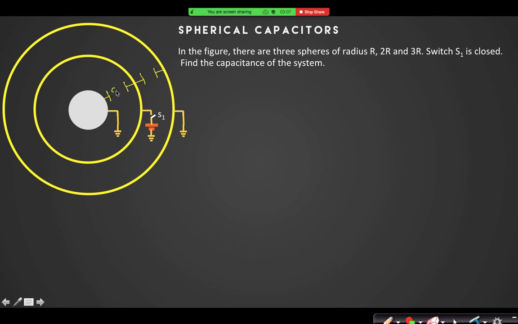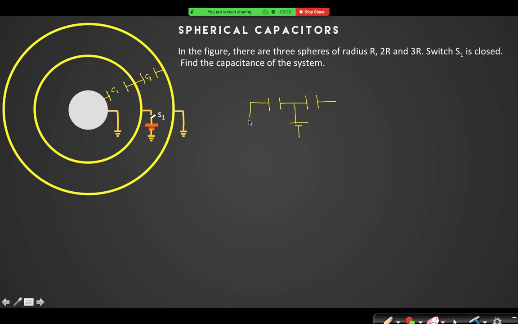If this is C1 and this is C2, then we can draw that there is a capacitance C1, another capacitor C2, and this is connected with a battery.